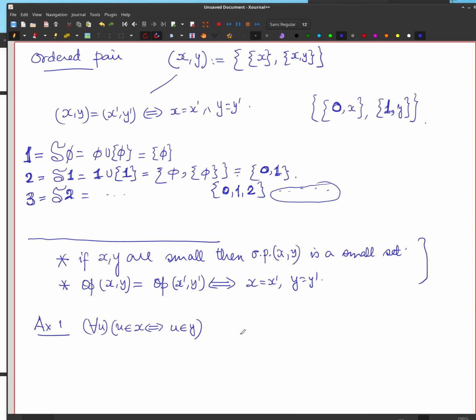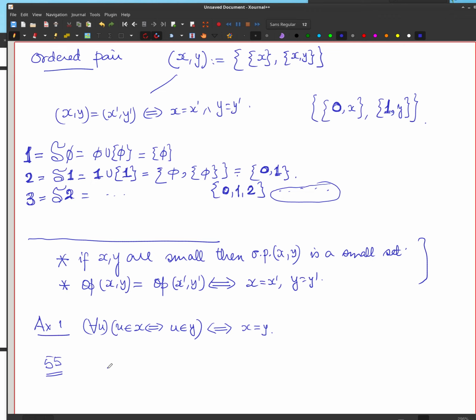This statement is equivalent to saying that x is equal to y. So it was defining equality in terms of belongs to. And here x and y need not be small.